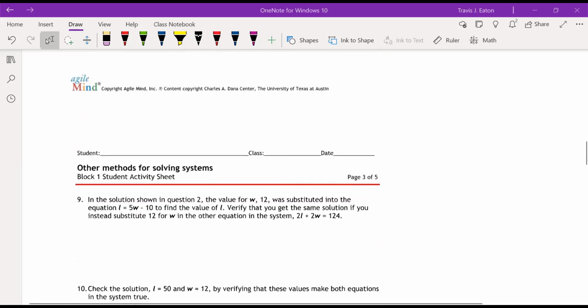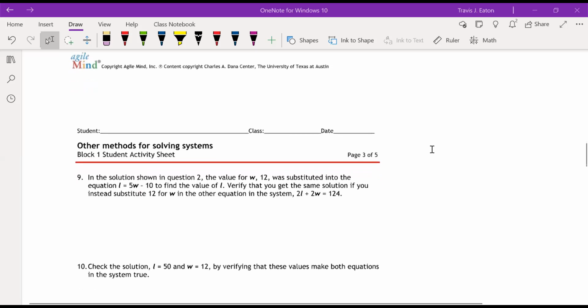Now, in the solution shown in question 2, the value for W, which was 12, was substituted into the equation L equals 5W minus 10, so we could find the value of L. So now we need to verify that you get the same solution if you instead substitute 12 for W in the other equation in the system, 2L plus 2W equals 124.